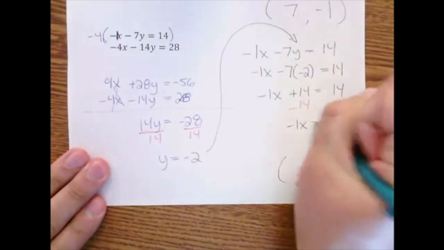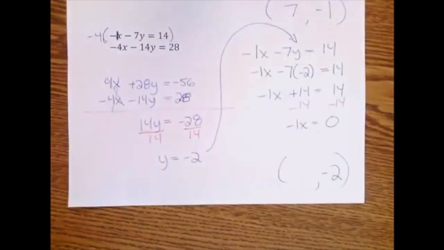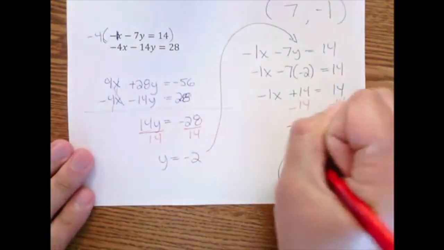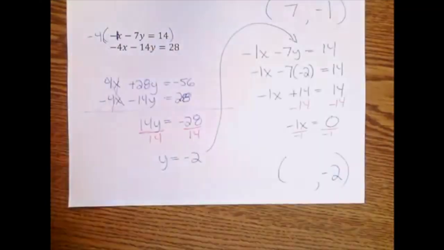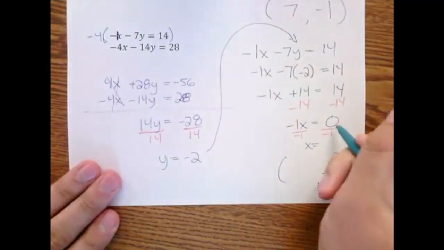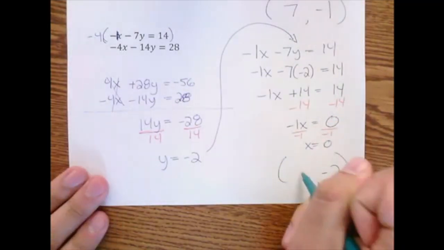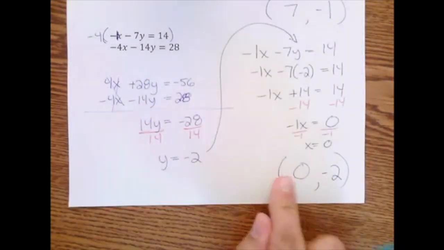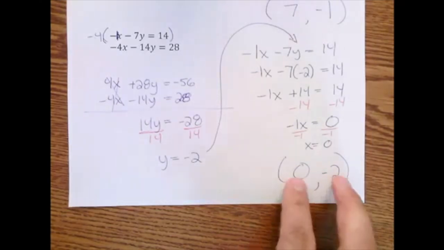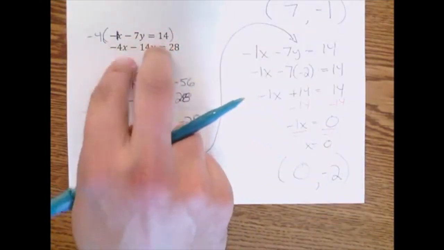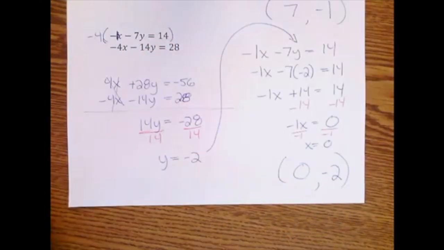That leaves us with negative 1x equals 0. Divide by that negative 1, and you end up with x equals 0 divided by negative 1, which is 0. So we get the solution 0, negative 2. We can plug it in for x and y and check to make sure it works. And that was solving a system of equations by elimination.